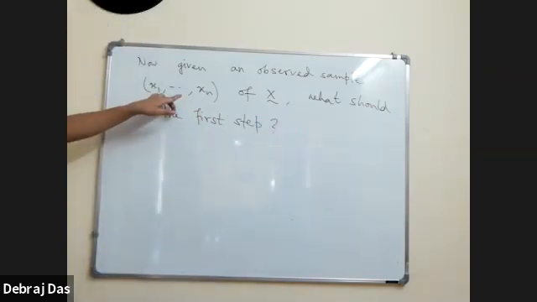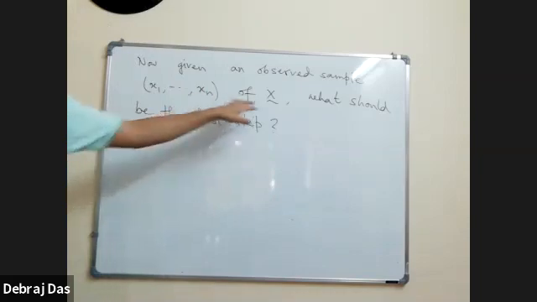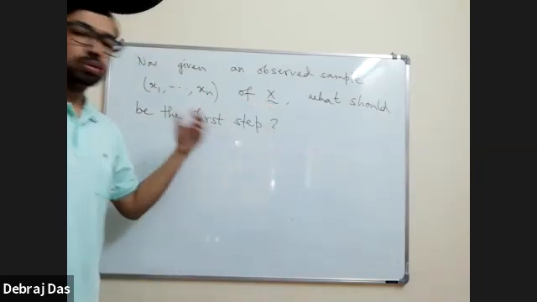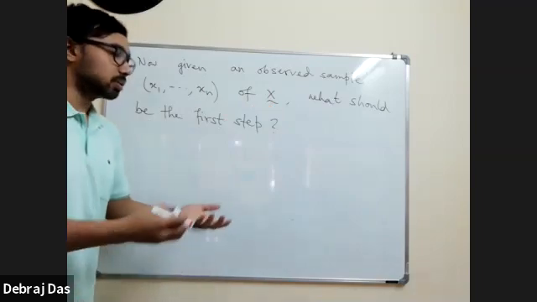So now you are given, suppose, an observed sample of the random vector X curve. Then the question is, what should be the first step? So first step, what we generally do.